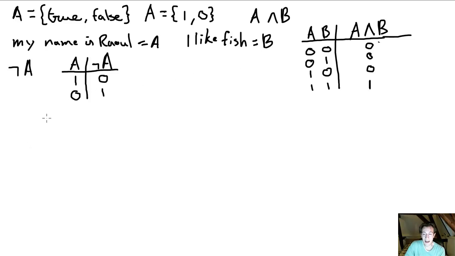On to the next example. We got the if then. So if A, then B. Well, we're going to replace A now with it rains, and B with I get wet.